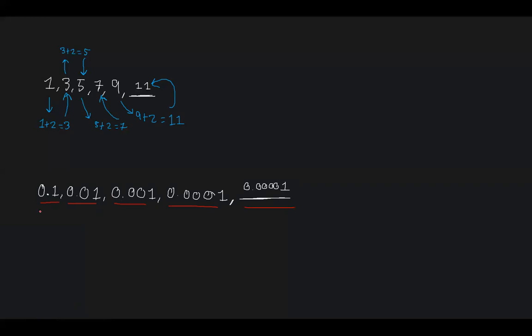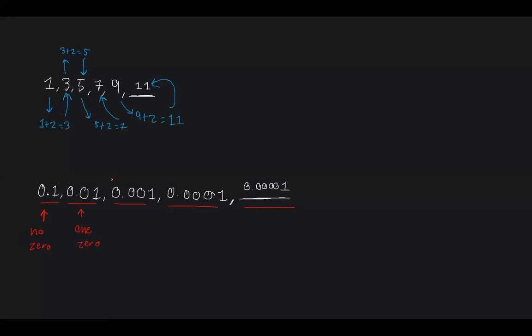On the first term, we have only 1 after the decimal point, right? So there is no 0. For the second term, which is after the first term, we have only one 0 here.